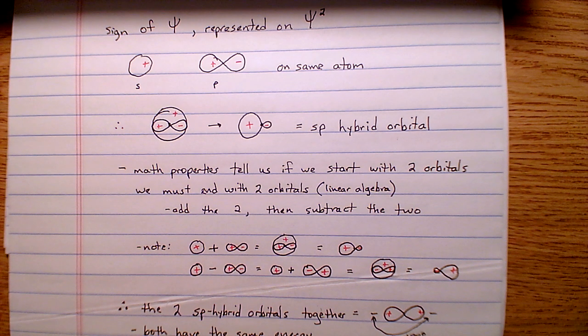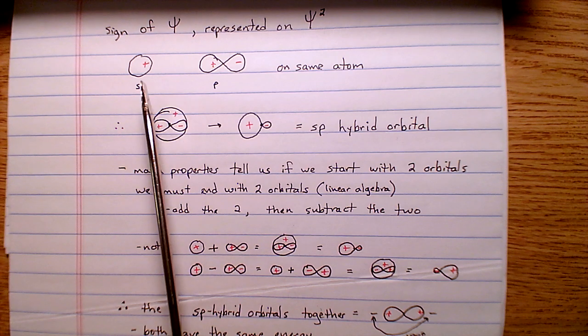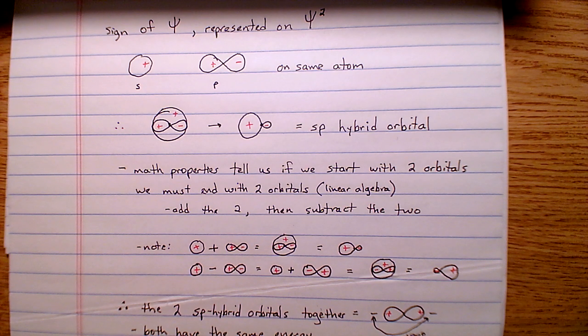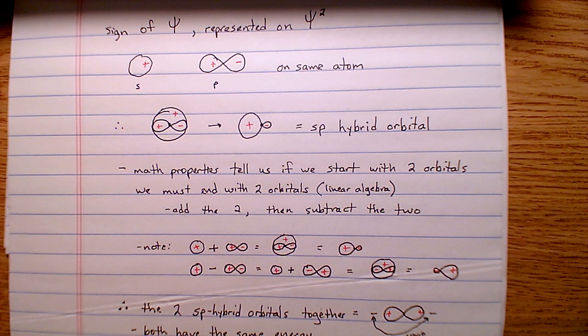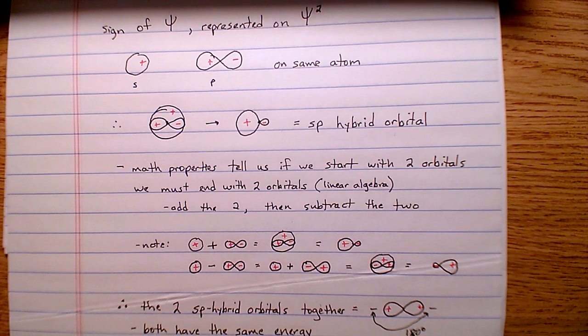However, this adding of wave functions comes from an area of math called linear algebra, and linear algebra tells us that if you start with two atomic orbitals, you have to end up with two hybrid orbitals. We added these two together to get this one hybrid orbital. Linear algebra tells us, oh, if you added the two together to get one hybrid orbital, you must then subtract the two to get another hybrid orbital. It's just the rules of math.